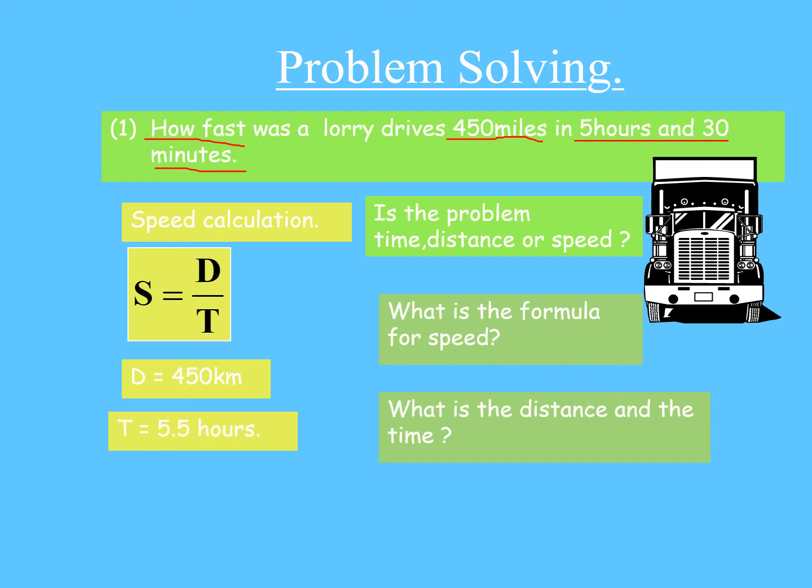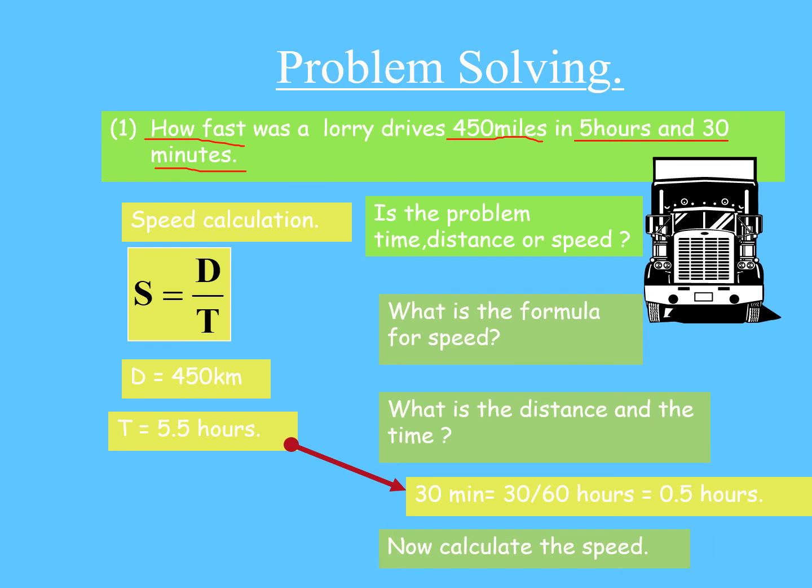Our time is 5.5 hours. So we change 30 minutes into a decimal number or into hours. We divide 30 by 60. So what is our answer now?